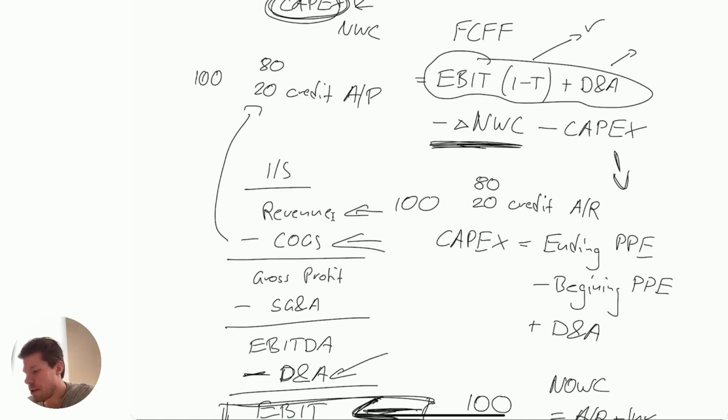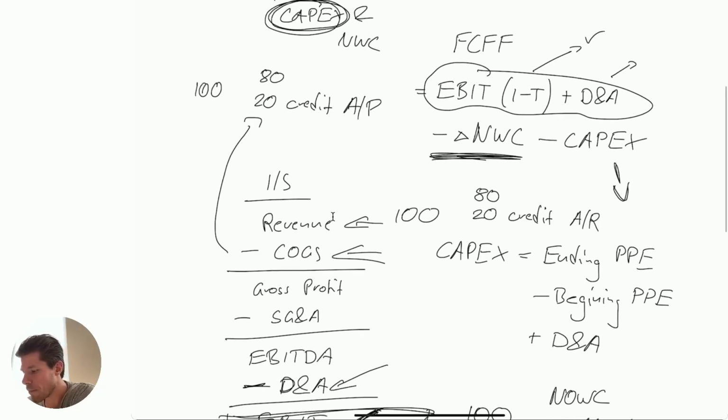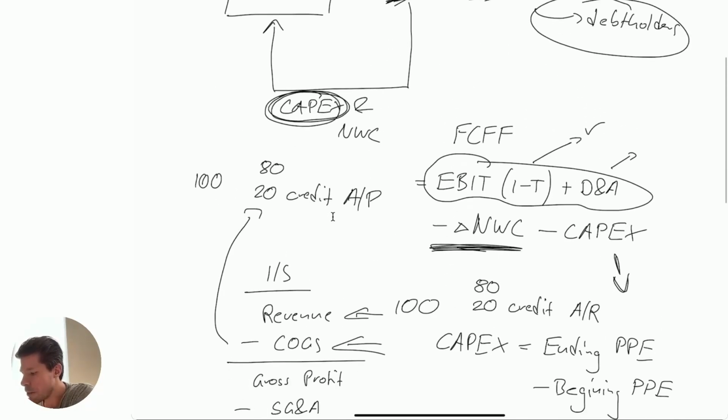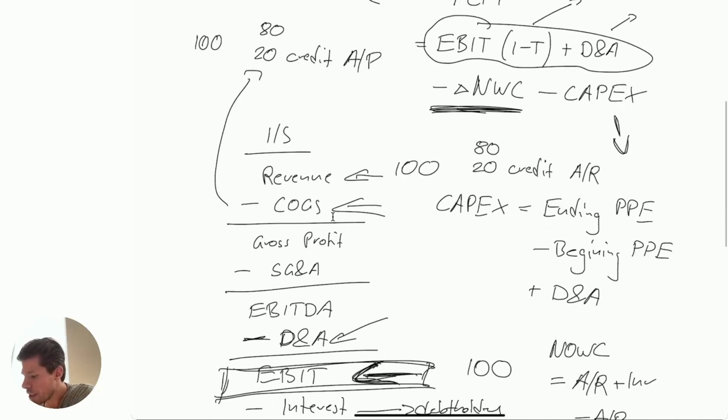I have done another video on net working capital because the income statement line items do not fully reflect our cash position. That's what we do because net working capital is the amount that is tied up for our operations, inventory as well.